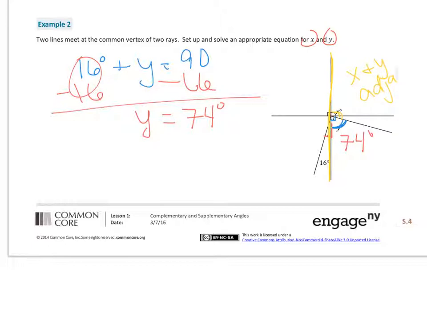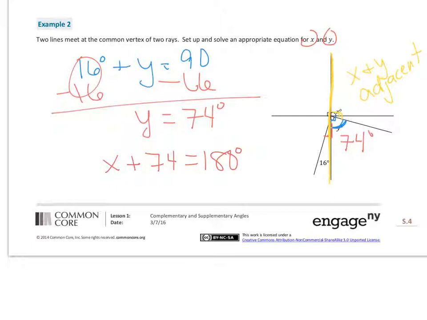We haven't used that word in a little bit. So since they're adjacent and they form that 180 degrees, that straight line, I'm going to say that X plus 74 equals 180 degrees.